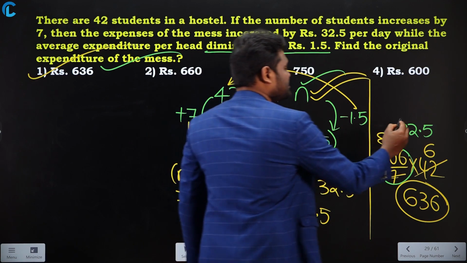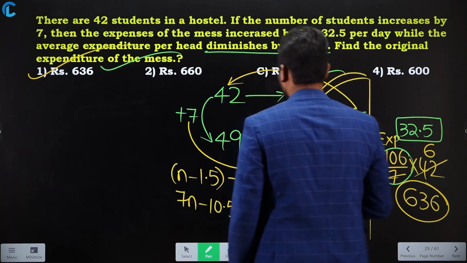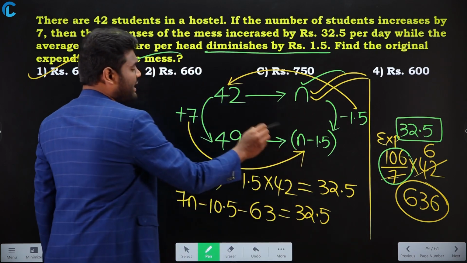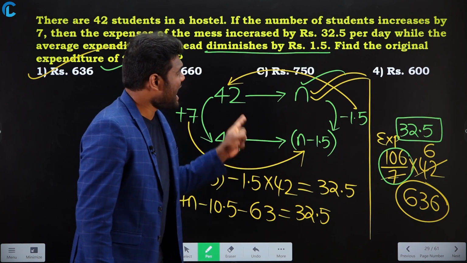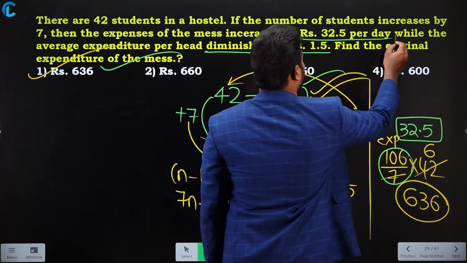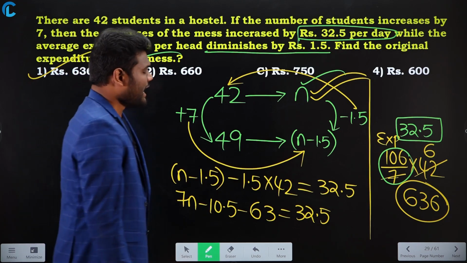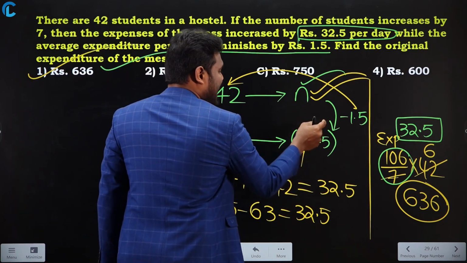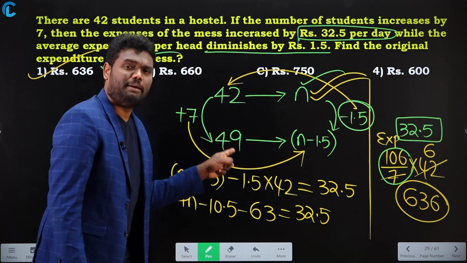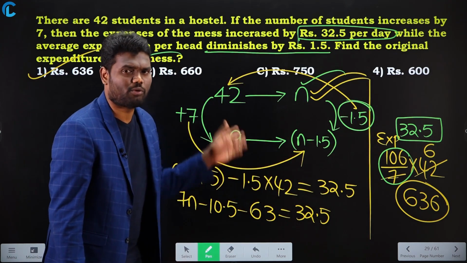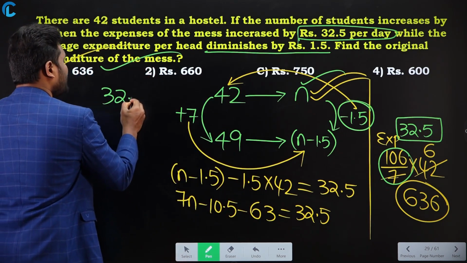Look here. Initially what happened is average is n. And it is said that average is going to be reduced by 1.5 when 7 students are joined and when rupees extra 32.5 we are going to spend per day. Yes or no? Now if you look here, average reduced by 1.5 means each and every person is reduced by 1.5, 1.5, 1.5, 1.5, which means it is going to be 32.5.